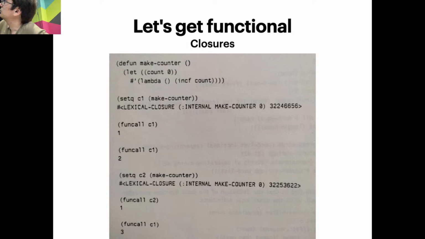So yeah, every function in Common Lisp is a closure that encloses its lexical variables inside its body. You don't need the hash symbol and the apostrophe in modern Common Lisp. Well, you return the lambda.